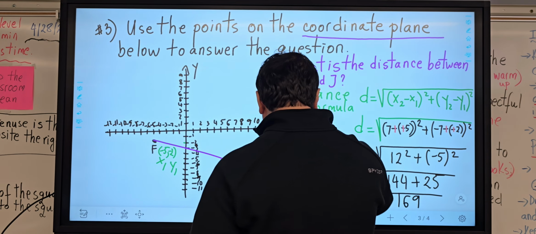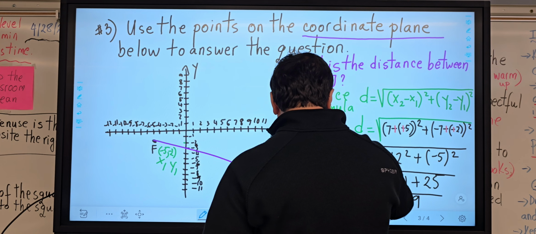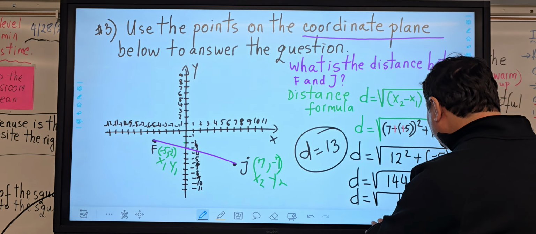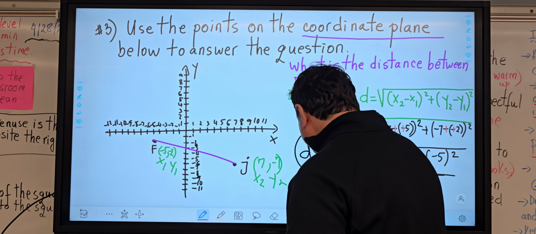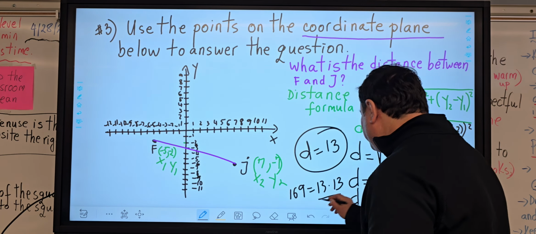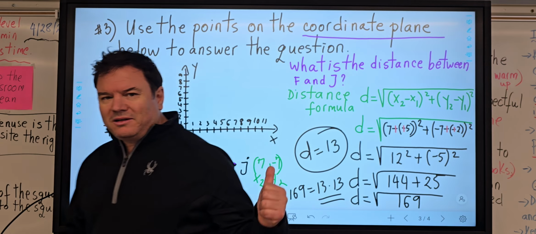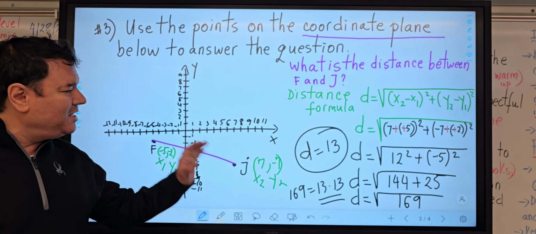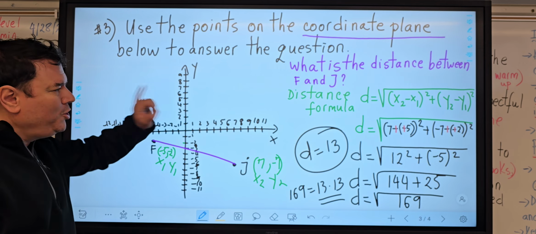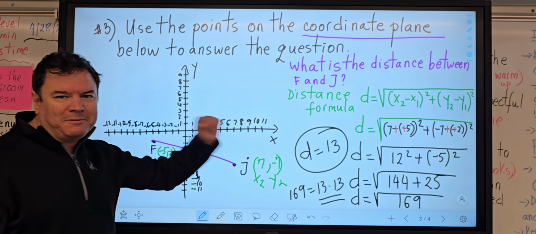So the distance equals 13, because 169 equals 13 times 13. Pay attention and make sure you understand this type of problem. Again, to find the distance between 2 points, we need to use the distance formula.